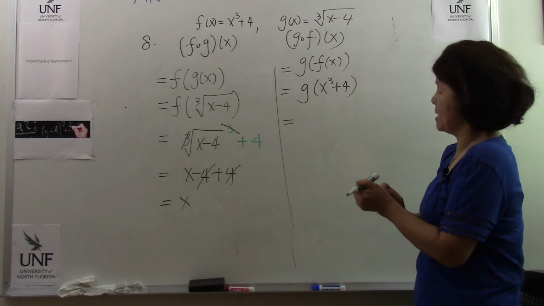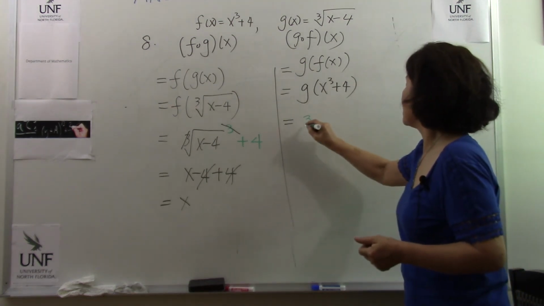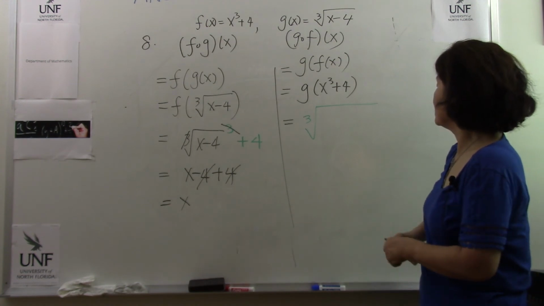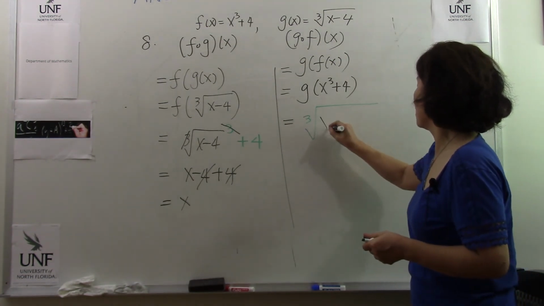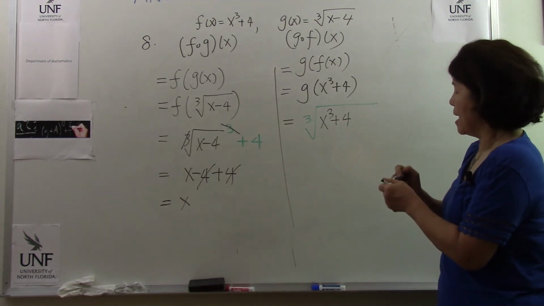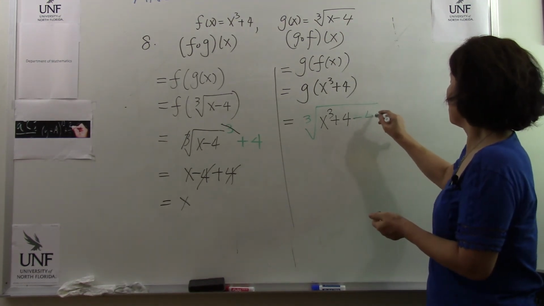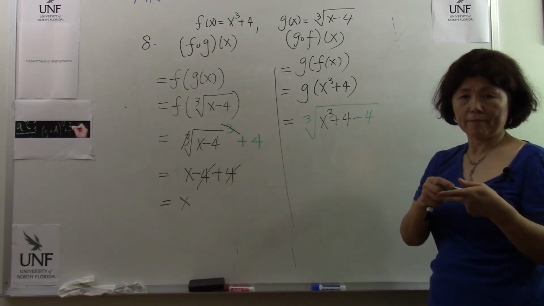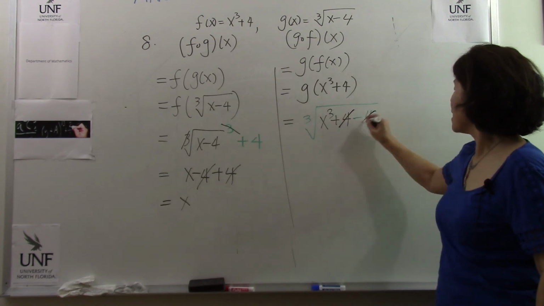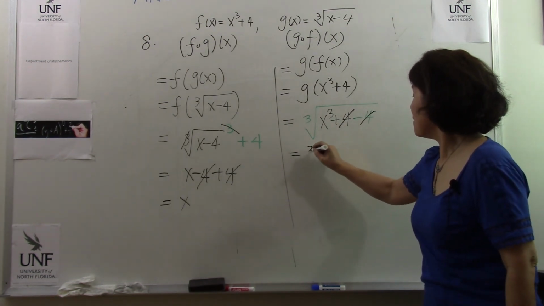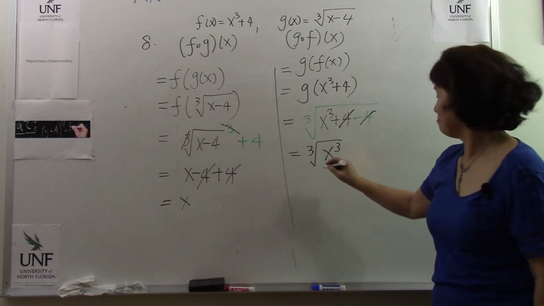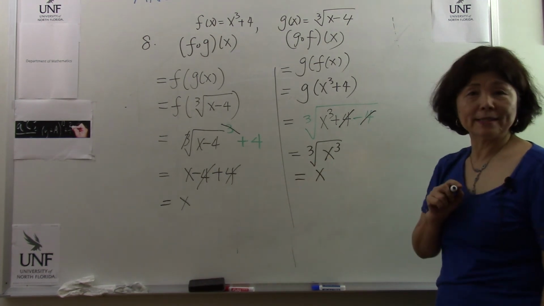Therefore, what do you see? We have inside of cube root x cubed plus 4, and then subtract 4. Okay? So plus 4 minus 4 cancels. Therefore, what's left? Cube root of x cubed. What is that? Isn't this x?